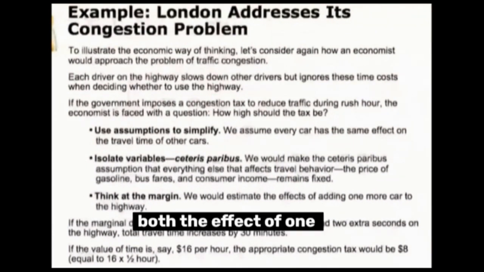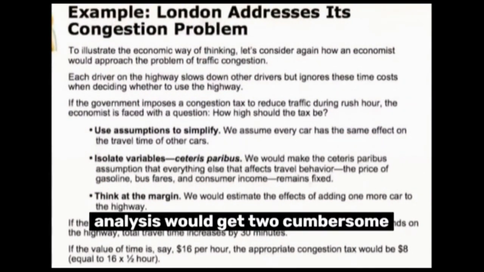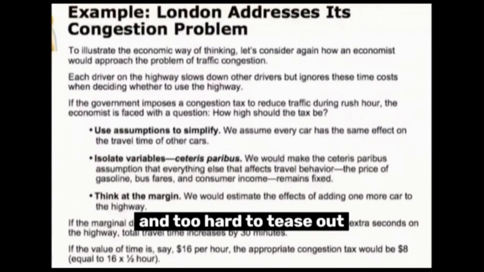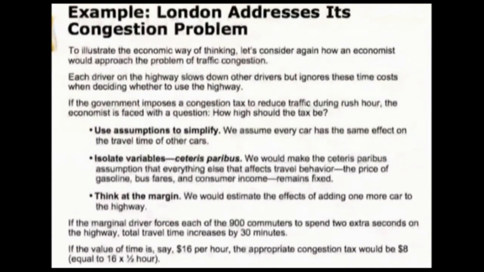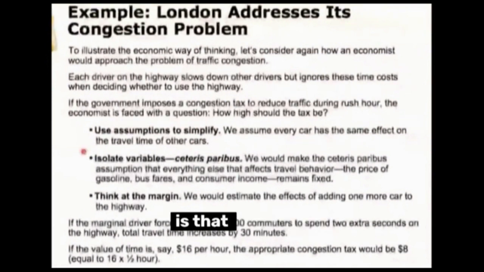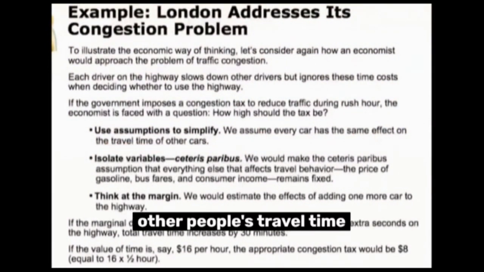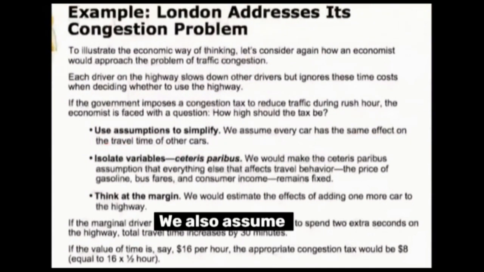But if I were to look at both the effect of one car entering the freeway and the price of gasoline, bus fare, and consumer income, the analysis would get too cumbersome and too hard to tease out the effect of the one driver. So we're going to assume that all these things remain fixed. We make an assumption to simplify the world. One of those assumptions is that every car that enters the freeway affects other people's travel time the same.